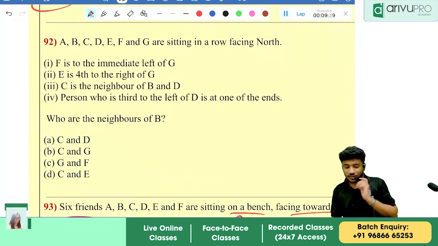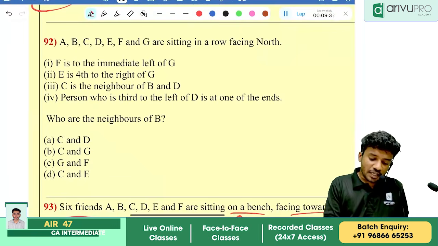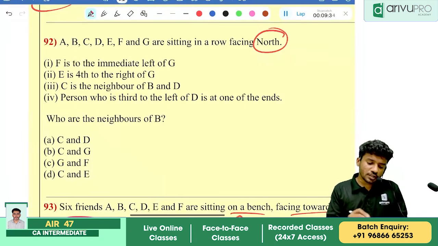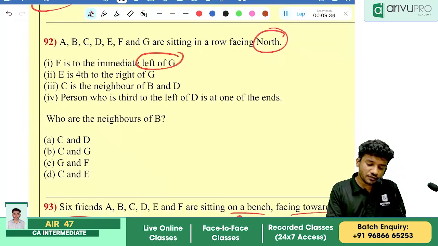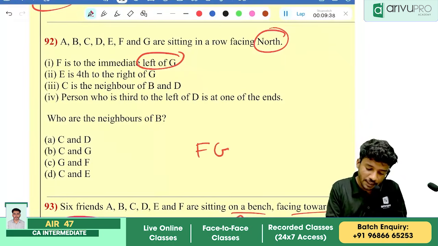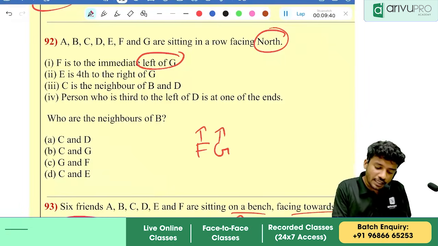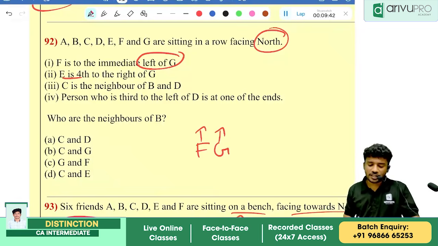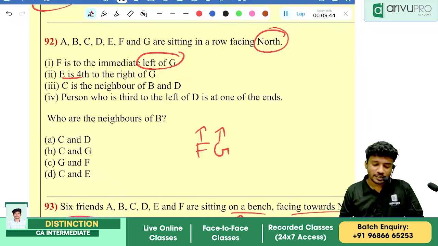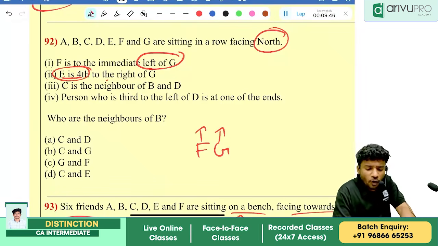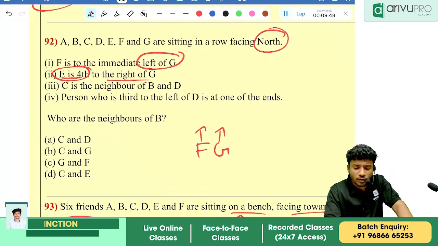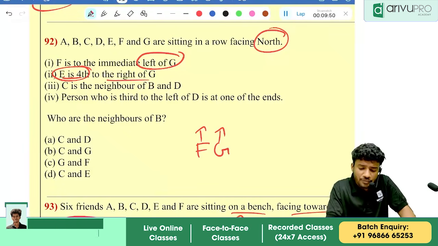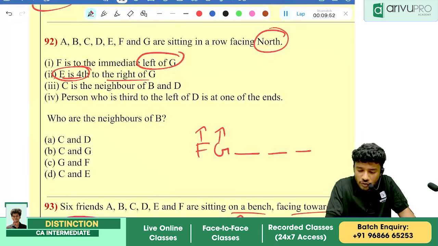A, B, C, D, E, F, G are sitting and facing north. F is immediate left of G. E is 4 to the right of G. E is 4 to the right of G means what? 1, 2, 3, 4.